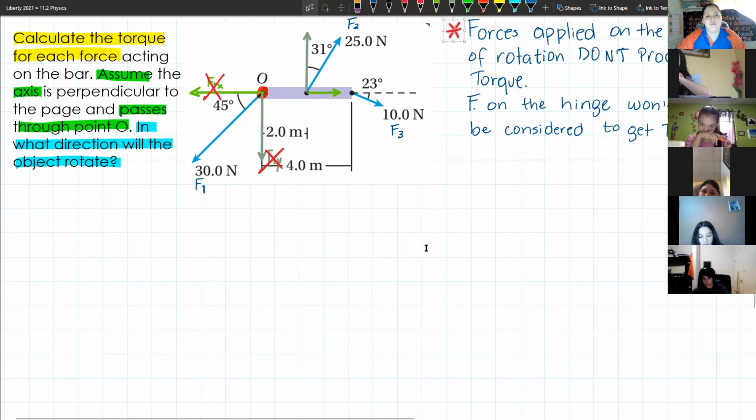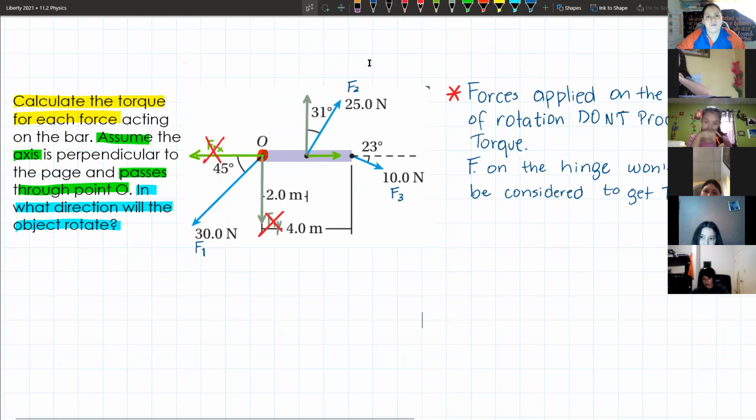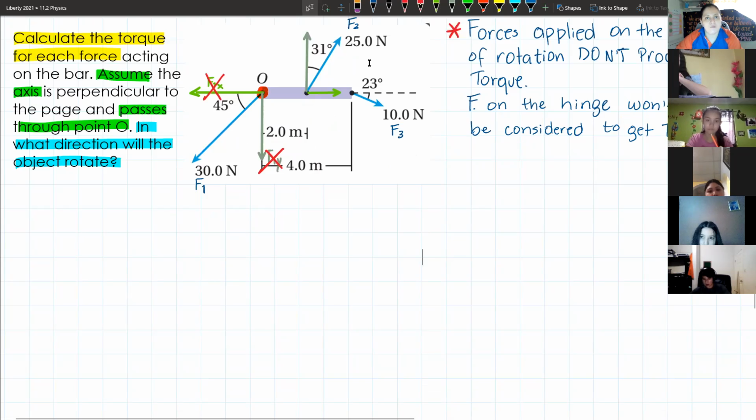Which one of the two forces produce rotation? Gray or green? Gray. Gray is producing rotation, so this one, okay. This one produces the rotation.